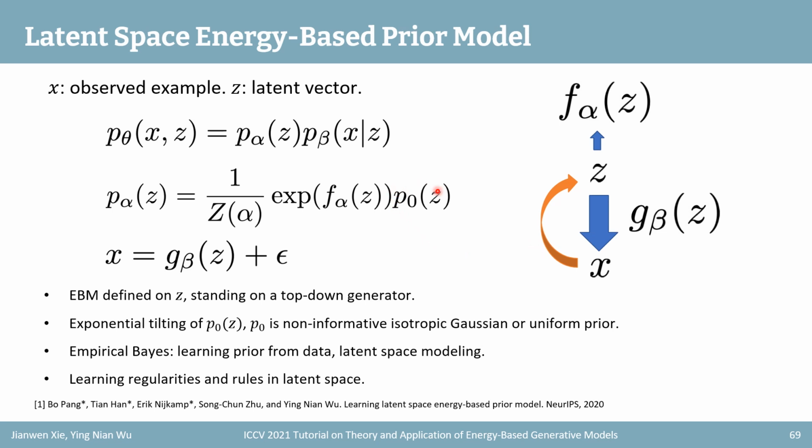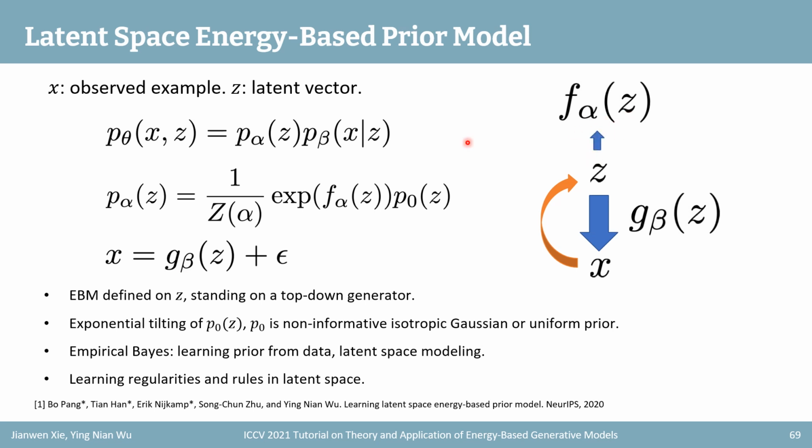And then P0(Z) is the original prior model, for example, a Gaussian white noise model or uniform model. But this time, we also learn a small network in the space of Z. So this f_alpha(Z), parameterized by alpha, is a neural network defined on Z. Because Z is low dimensional, it can be a very small network.